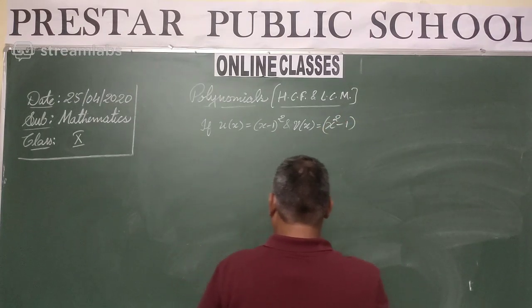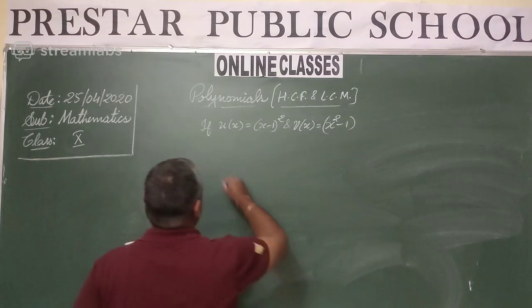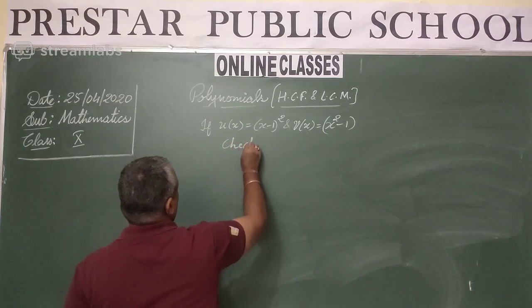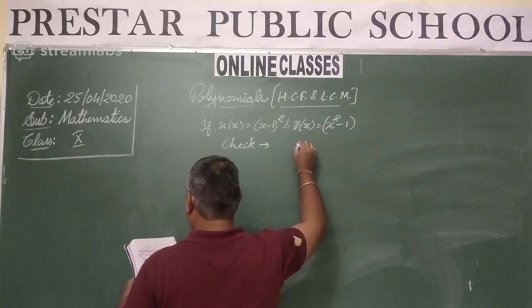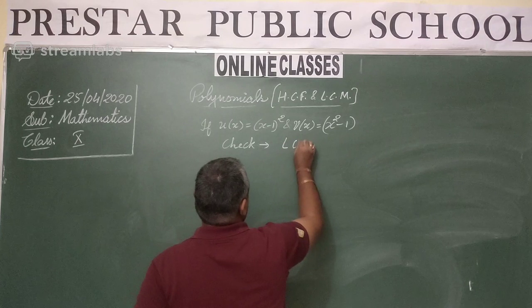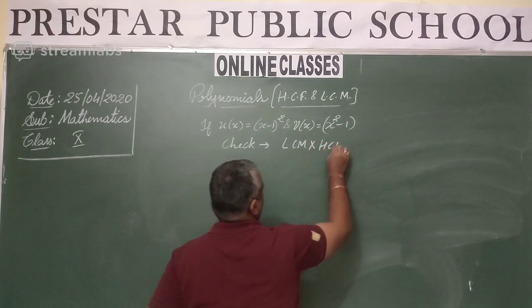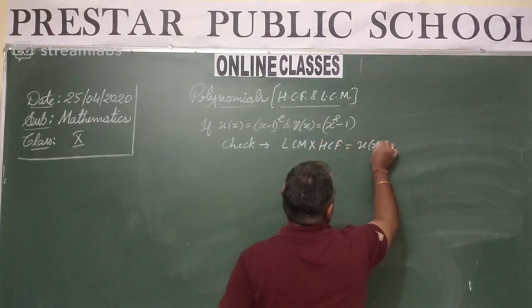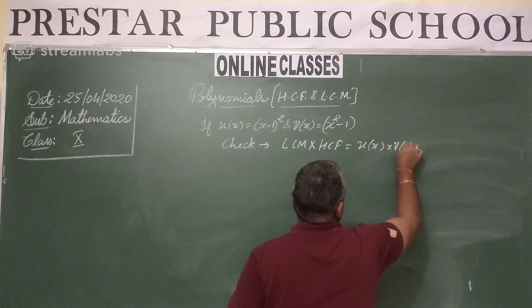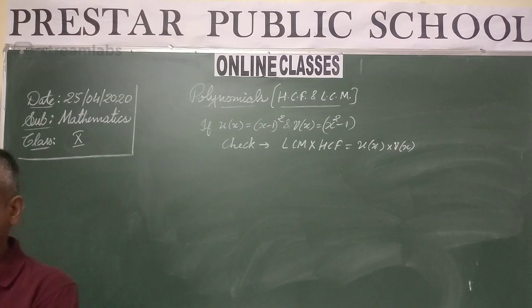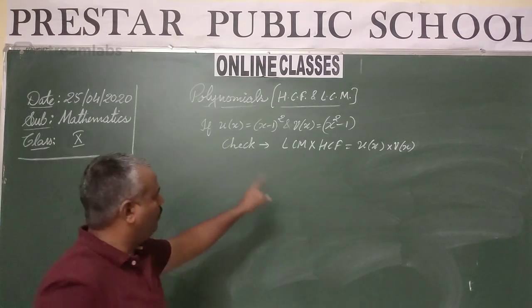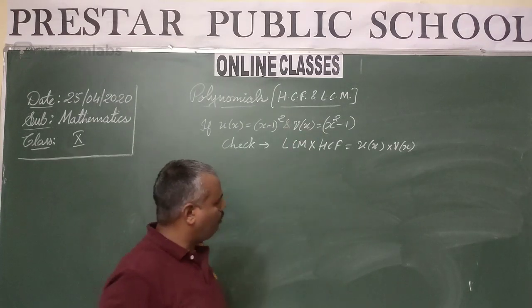Here you have to check the relation, that is LCM multiplied by HCF is equal to u of x multiplied by v of x.